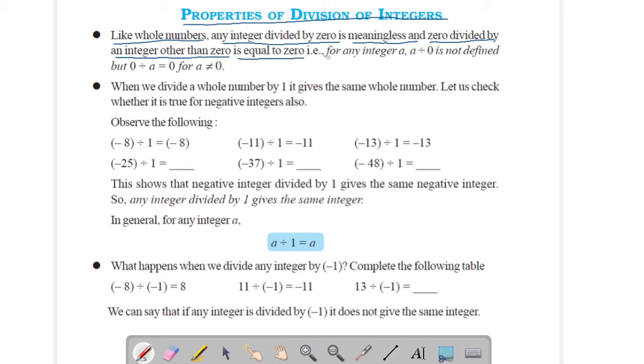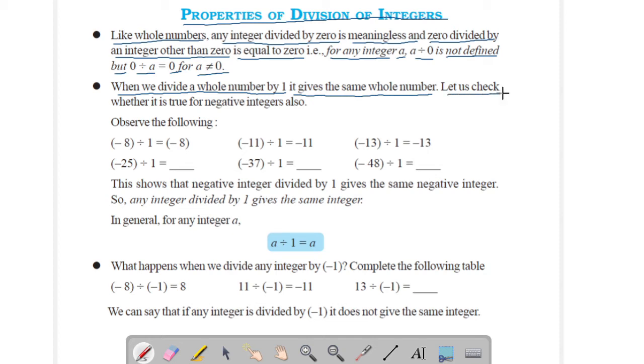That is, for any integer a, a divided by 0 is not defined, but 0 divided by a equal to 0 for a not equal to 0.